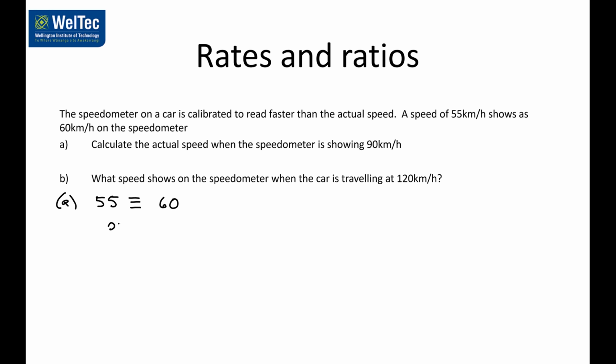And what we're looking for is to find what is equivalent to 90. Okay, that 55 is a proportion of 60, so we could go 55 out of 60 times 90. And that would give us that the actual speed would be 82.5 kilometres per hour. Just check that on your calculator.